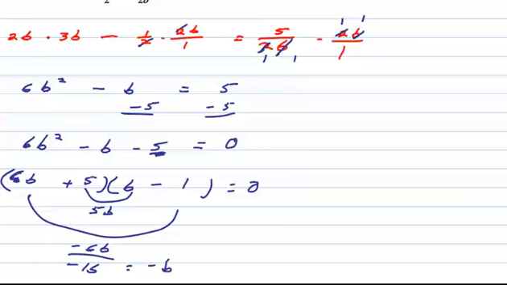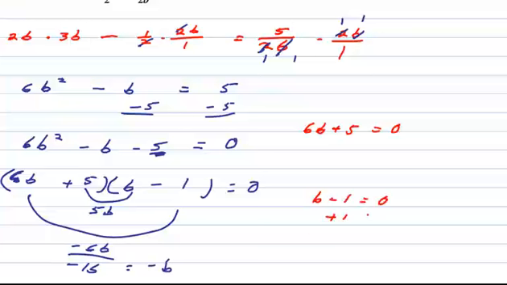Now we're ready to set each factor equal to 0 and solve. So 6b plus 5 equals 0, and b minus 1 equals 0. Well, the second one's easier.